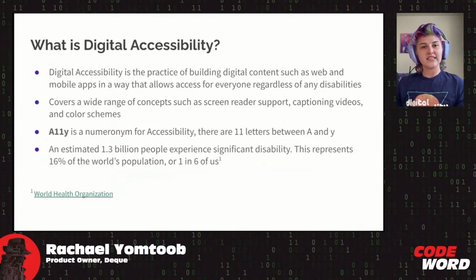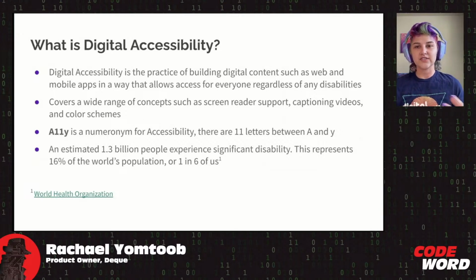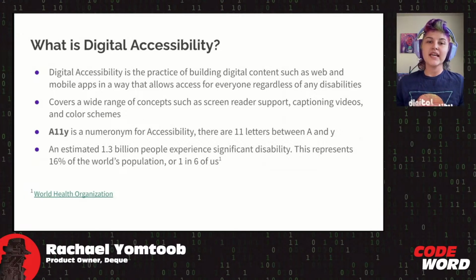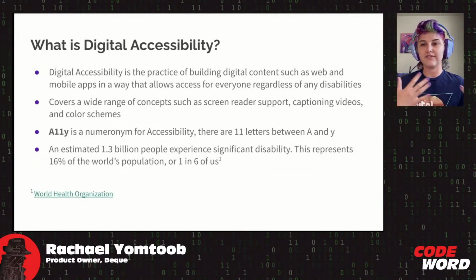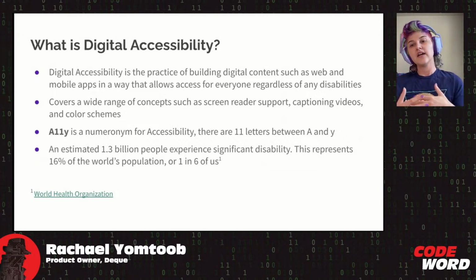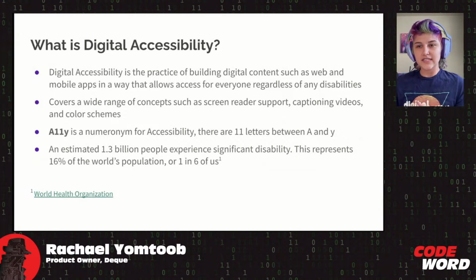So then moving on, how does this relate to digital accessibility? Digital accessibility is the practice of building digital content such as web and mobile apps in a way that allows access for everyone, regardless of any disabilities. This covers a wide range of concepts, such as screen reader support for people who have visual impairments or are blind, captioning videos for people who are hard of hearing or have auditory processing disorders, as well as different color schemes.